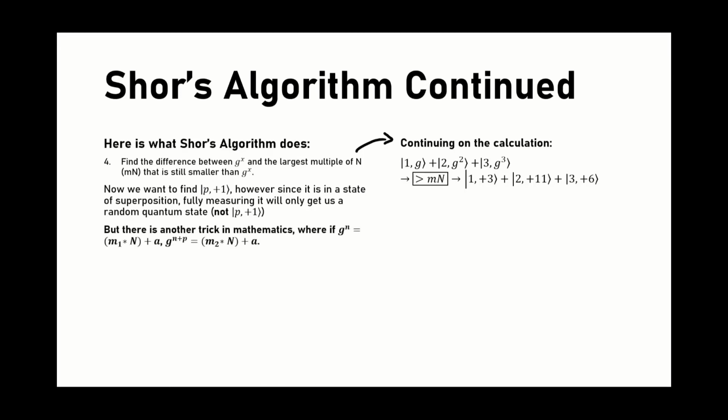However, there's another trick in mathematics, where if g(n) equals 1 multiple of n plus a, g(n plus p) will equal another multiple of n plus a. So if we measure the differences, then this will collapse our superposition so that only one difference remains.